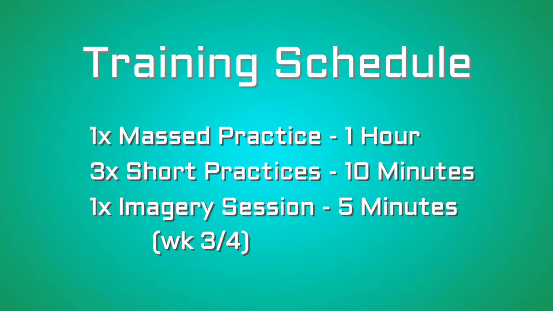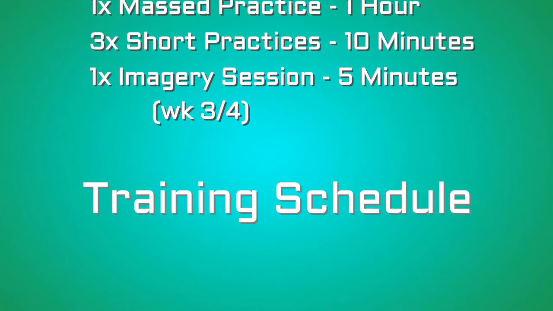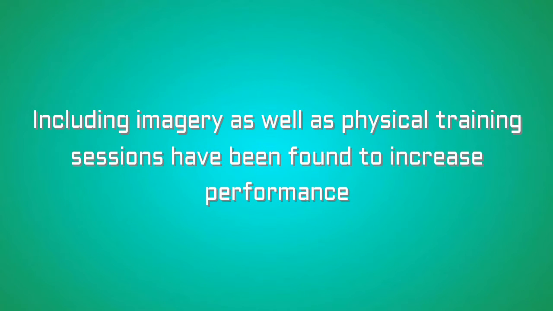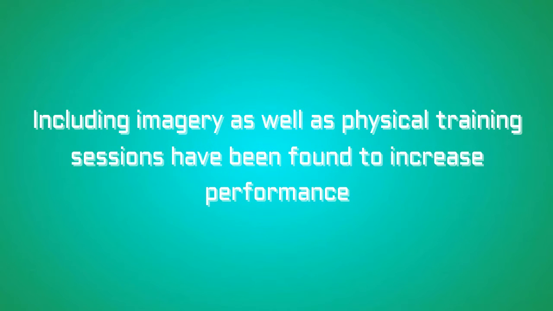During week 3, we'll also introduce 1 15-minute imagery practice. We have introduced this later into the program to allow the learner to get a feeling of what the steps should feel like and use this as the basis of imagery training.